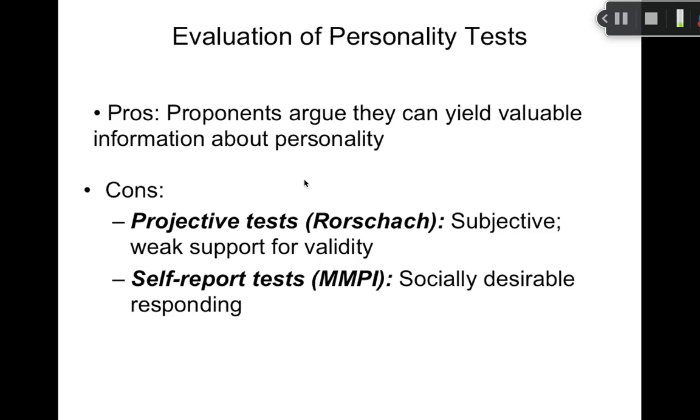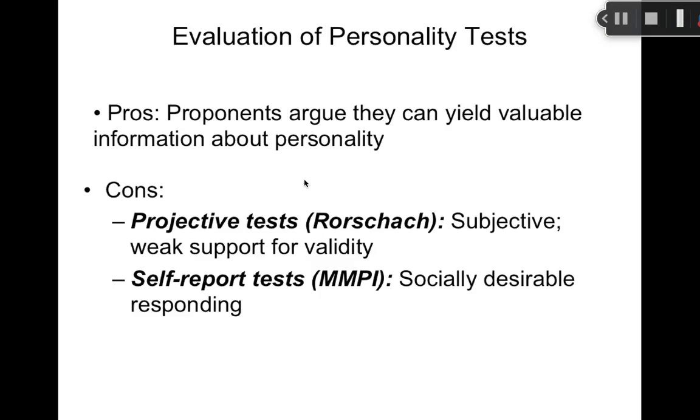So we really don't know if somebody's honestly responding. We don't know how a test administrator is perceiving or interpreting the test results. Even though the scoring method is very complicated and quantitative, there is a substantial amount of subjectivity that falls on the test taker and also the test administrator.